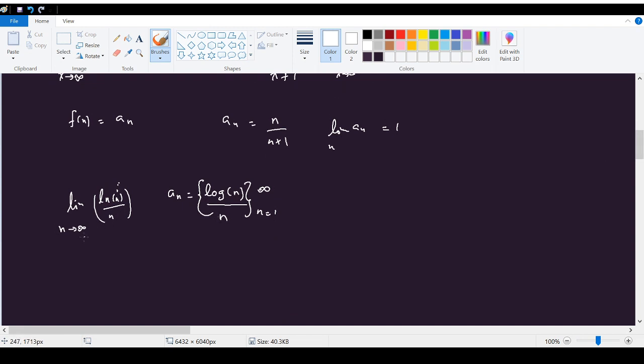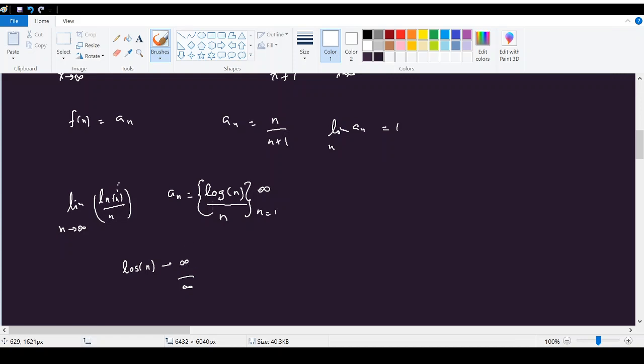At once, if we just plug in infinity, then the logarithm of n when n is a large number will be infinity, and the denominator will also be equal to infinity. That means this becomes an indeterminate case. So what should we do?